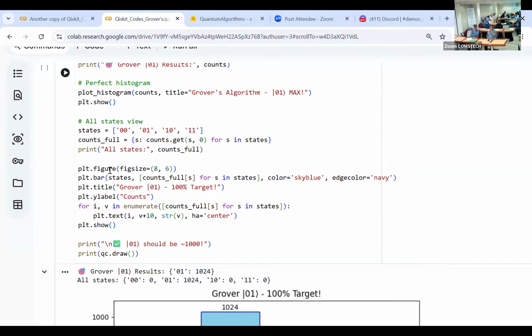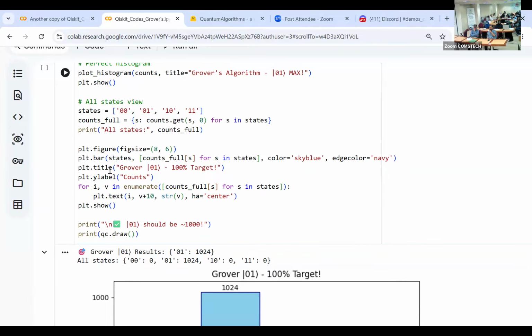After that, we are going to use the plotting command, that is the figure size would be this, the bars, their colors, and everything which we usually do when we are plotting to make it more eye-pleasing.